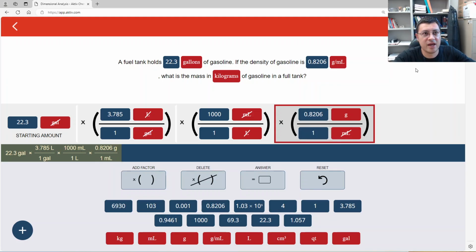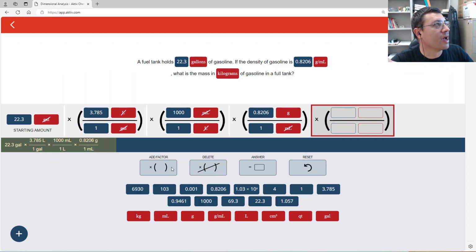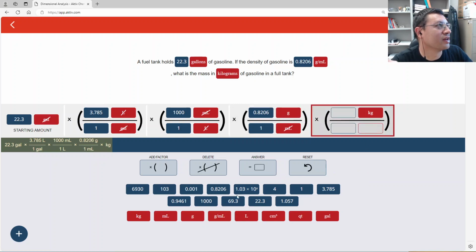When I'm in a web browser doing the active homework, I often like to make the screen larger. But looks like I'm going to have to zoom out a little bit. Add another factor. Kilograms. I wish I could just drag that there and it would copy. Yeah, I just stole it. It didn't copy it.